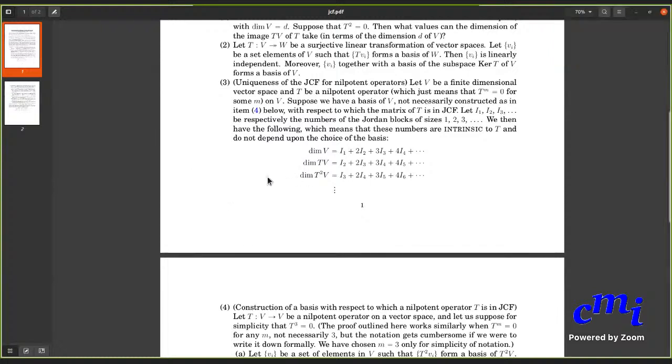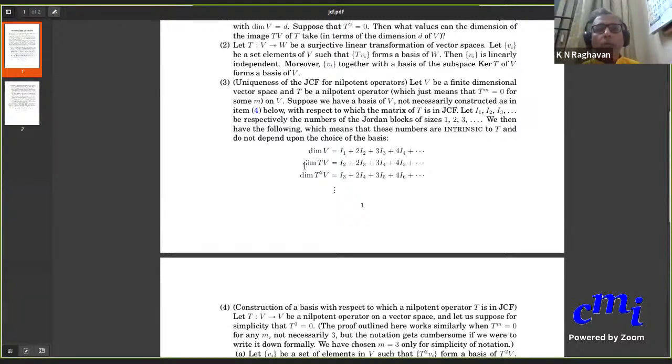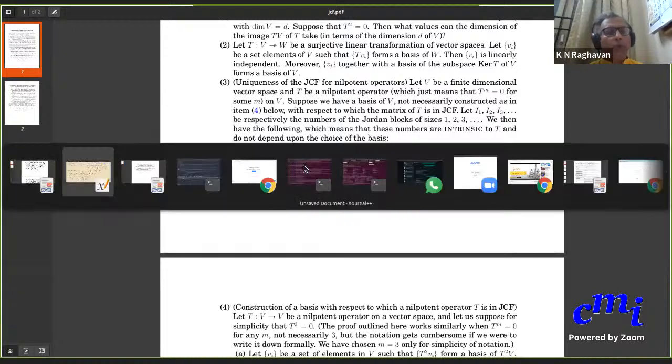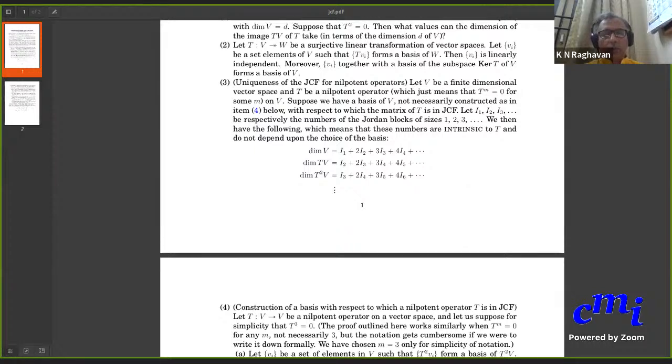So here, if I do dimension of, okay, maybe I should read this in just one minute. Let me read this. Okay. So I can write on it. I'll share a different screen for a minute.